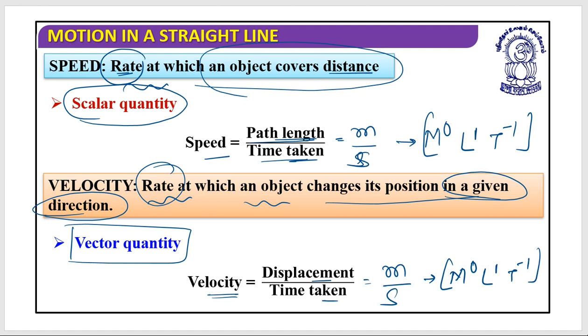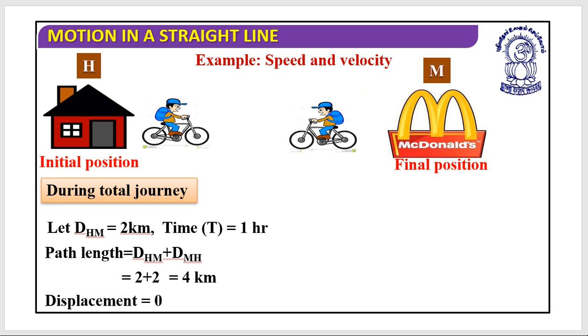Let's look. This is your home, the initial position, and this is your favorite destination, McDonald's. From your home to McDonald's it is a distance of 2 kilometers.